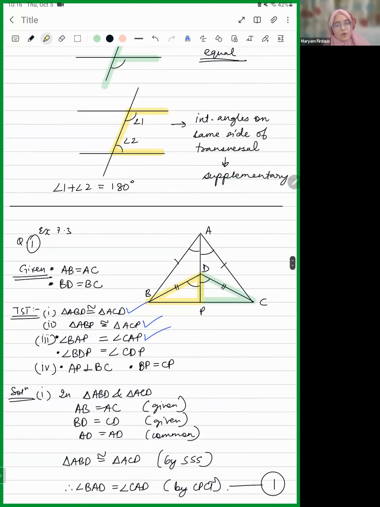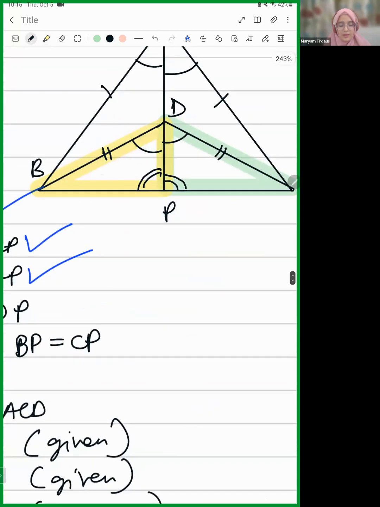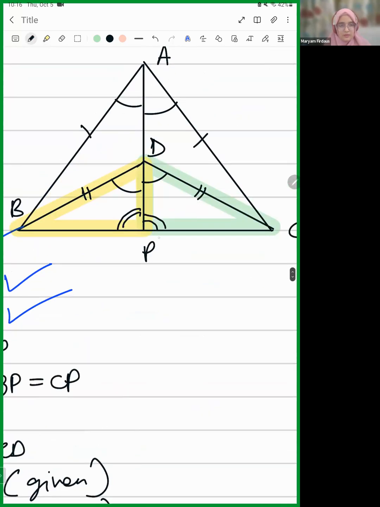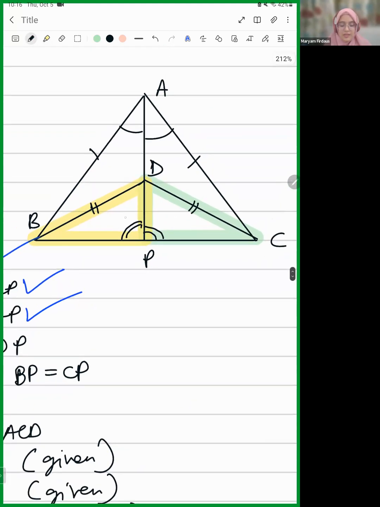Since they are congruent, these two angles will be equal to each other. Are you getting which angle I'm talking about? Yes, ma'am. Let me name them angle 1 and angle 2 for the sake of simplicity.